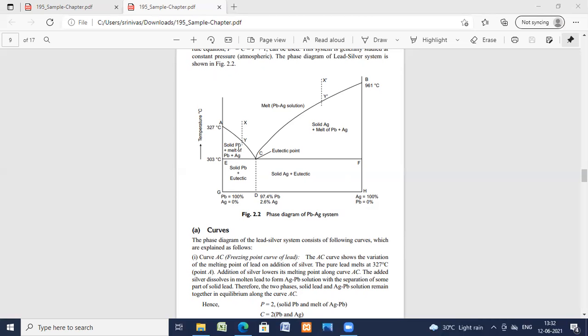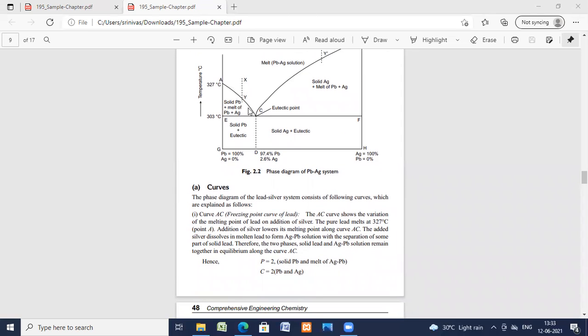Here, pure lead melts. So addition of silver lowers melting point. Addition of the silver dissolves in molten lead to form AgPb solution and separates the lead. So addition of silver will give you solid lead. Therefore, two phases, solid lead and AgPb solutions remain together in equilibrium along the curve AC.